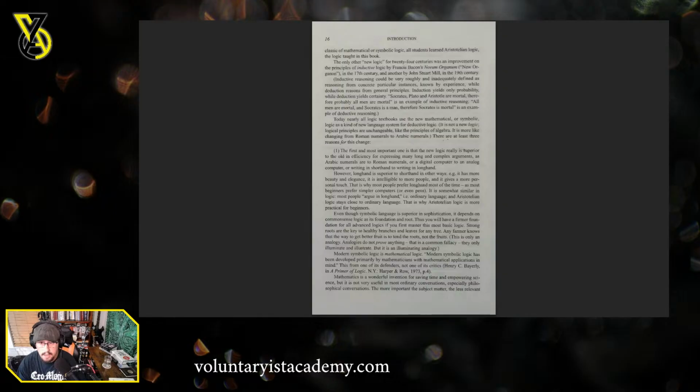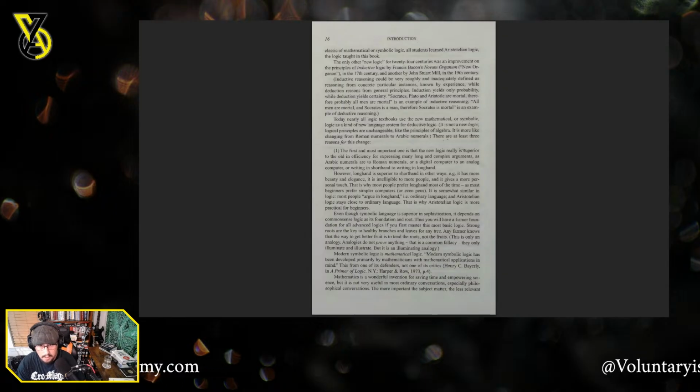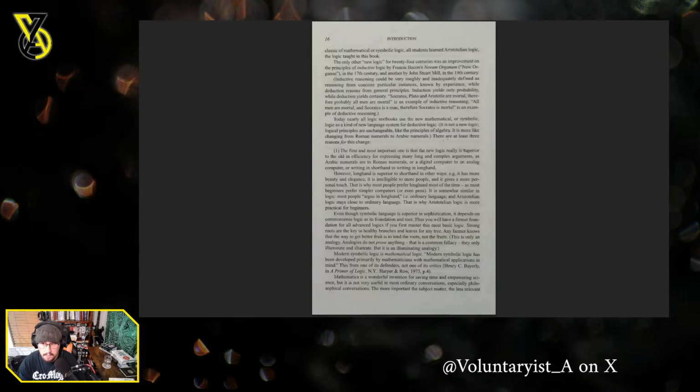Okay, today nearly all logic textbooks use the new mathematical or symbolic logic as a kind of new language system for deductive logic. It is not a new logic. Logical principles are unchangeable, like the principles of algebra. It is more like changing from Roman numerals to Arabic numerals. There are at least 3 reasons for this change.